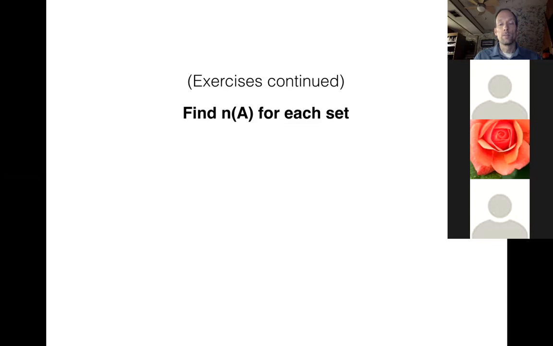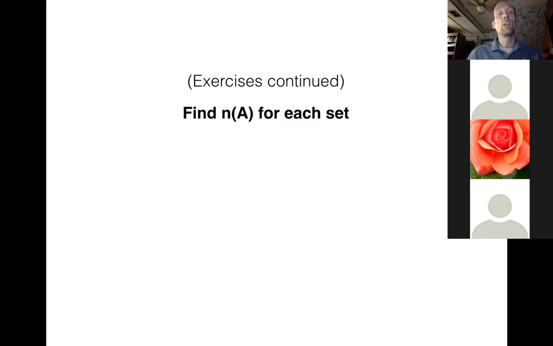Well, A would be set A, so it's something of set A that it wants. A represents the set. Anybody want to help Keenan out? I'm not sure. It's a tough one.